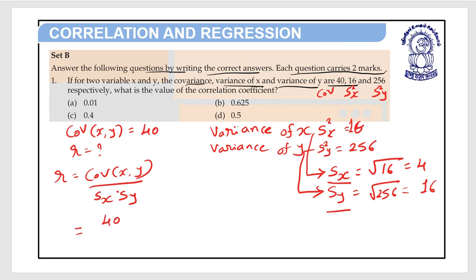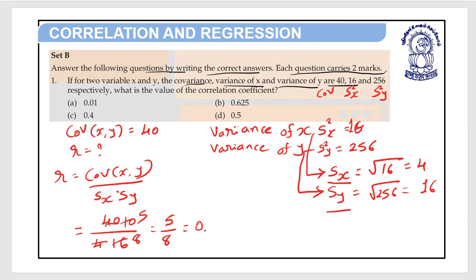Covariance xy is given 40, sx is 4 into sy is 16. 4 tens are 40, 2 5s are 10, 2 8s are 16. So it is 5 by 8. But we require it in the decimal number.